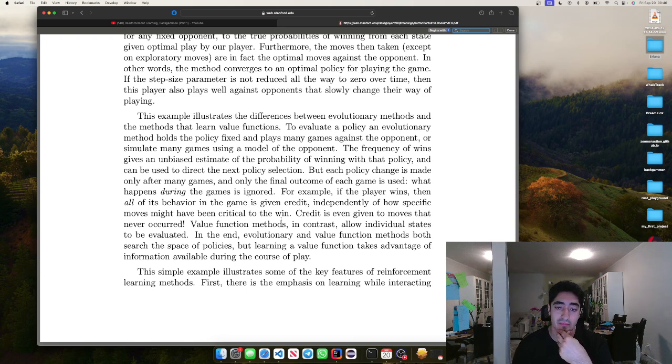Credit is even given to moves that never occurred. Value function methods, in contrast, allow individual states to be evaluated. In the end, evolutionary and value function methods both search the space of policies, but learning a value function takes advantage of information available during the course of play.